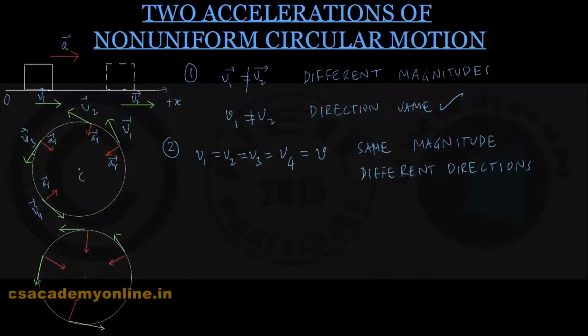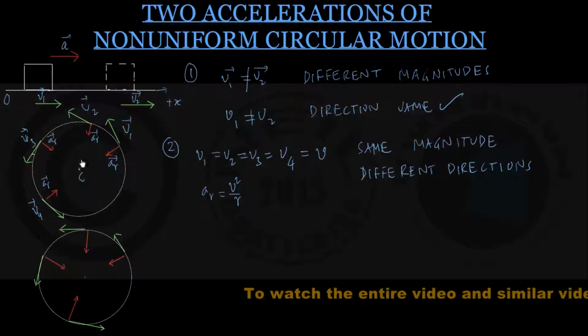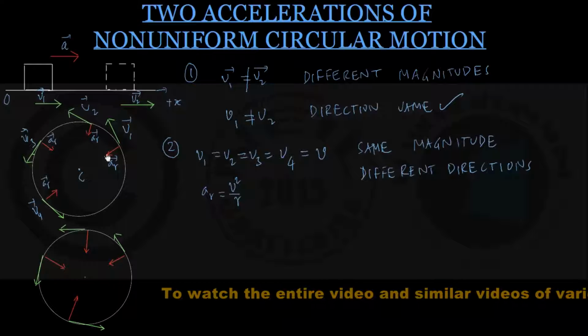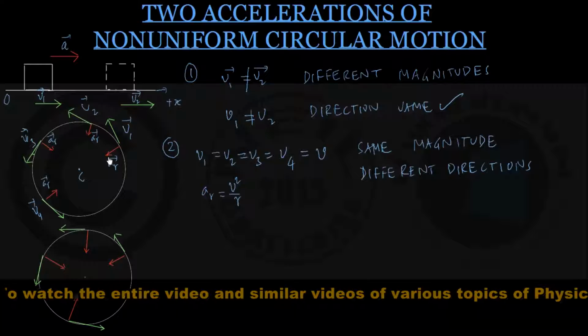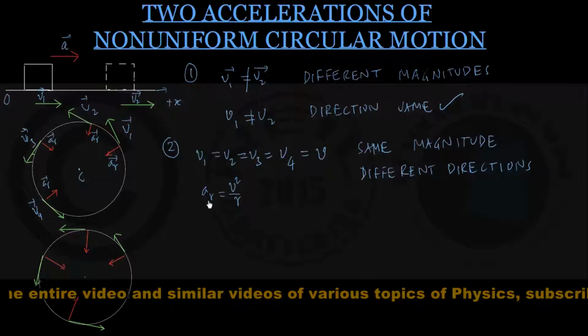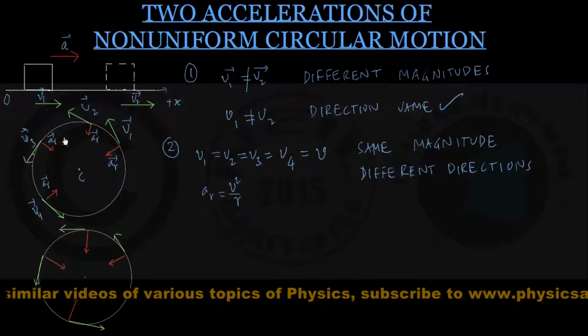Now, you are also aware the value of AR has been proved to be v squared by r, where v is the constant speed of uniform circular motion and r is the radius of the circle. Since the value of v remains constant in uniform circular motion, and of course r is constant, we can conclude that in the second case, in uniform circular motion, where speed remains constant, the magnitude of AR, that is the centripetal acceleration, remains constant everywhere on the circular path.